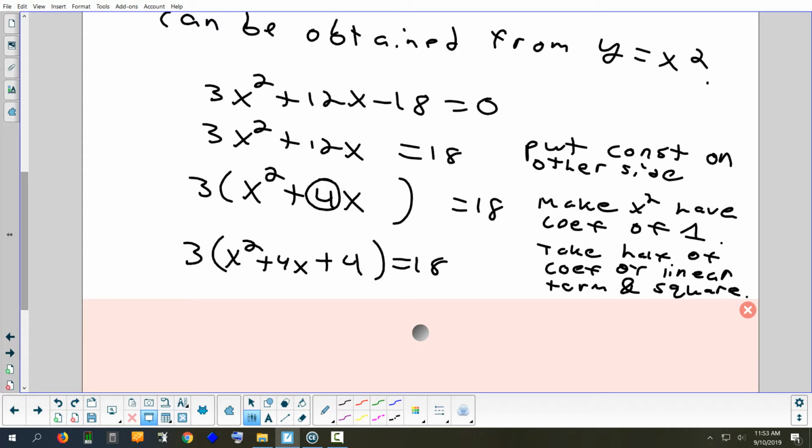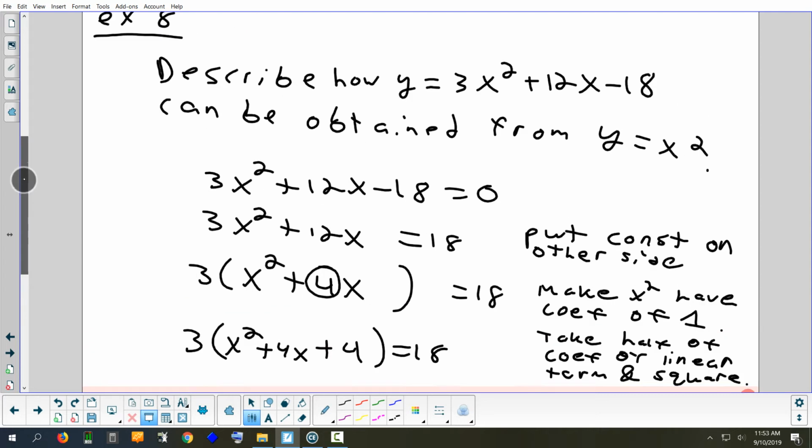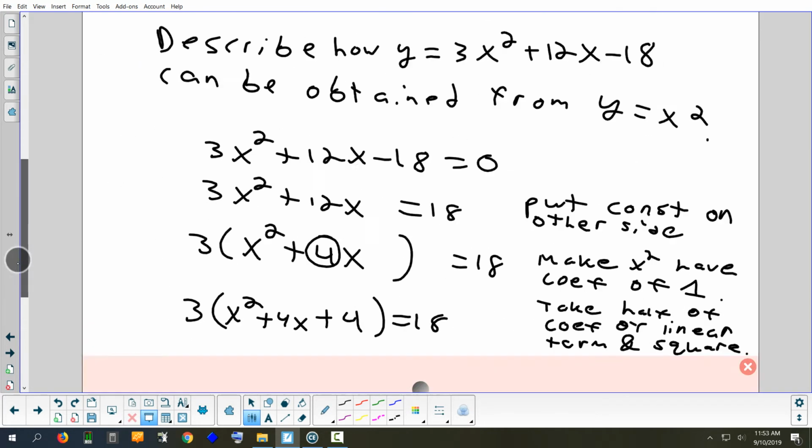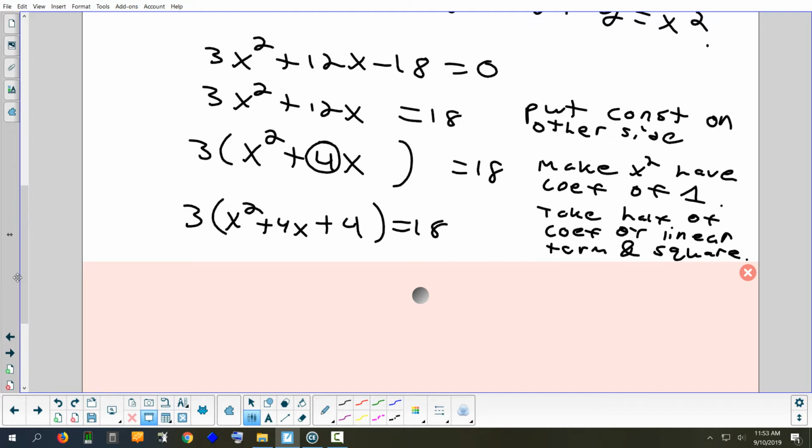Now, you just added something on the left. It's very important when you complete the square that you keep the equation balanced. What did I just add on the left? 12. Right? I really added 12. Yes, you wrote plus 4, but anything you put inside these parentheses is tripled.